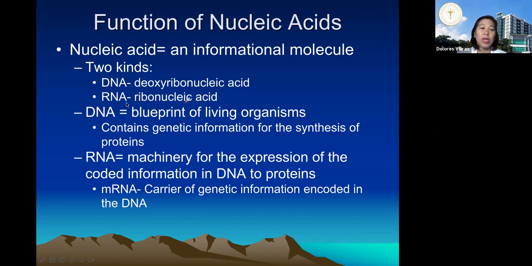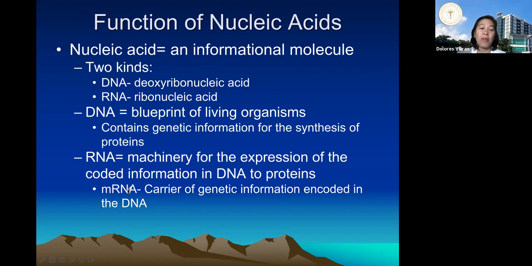Between the two, DNA is considered the blueprint of living organisms, primarily because it has the genetic information needed for the synthesis of proteins, while RNA usually acts as machinery for the expression of the coded information in DNA to proteins.